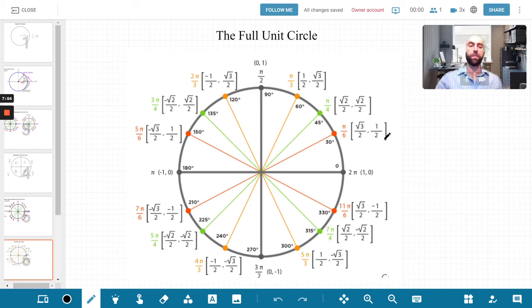You can see, like we said before, all the values for x and y are positive here. All the x's are negative in quadrant 2, the y's are positive. In quadrant 3, both are negative, x and y. And in quadrant 4, x's are all positive and the y's are all negative. This is the 0, 2 pi location.